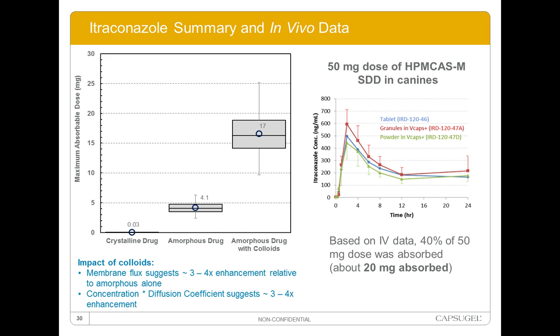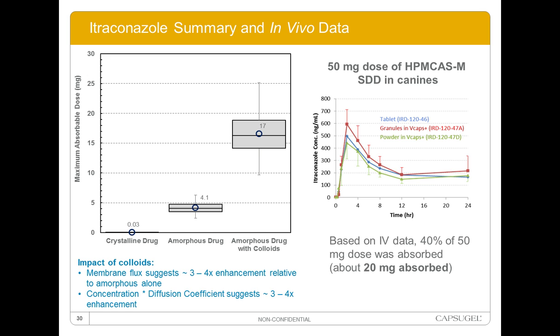So if we revisit our maximum absorbable dose estimation, we see that the membrane flux suggests we get something like a 3 to 4-fold enhancement relative to the amorphous drug alone. And that's by looking at the curves that I showed you, as well as some formulations that form no colloids at all. And we can make an extrapolation about how important these colloids might be.